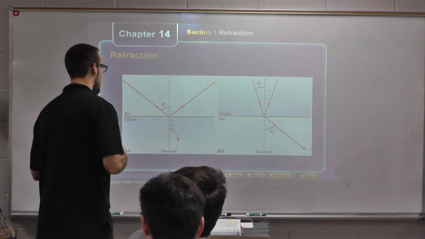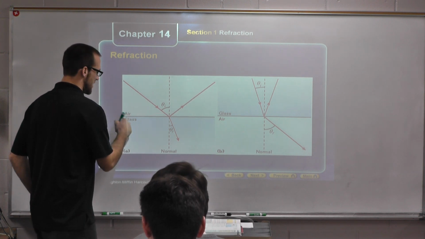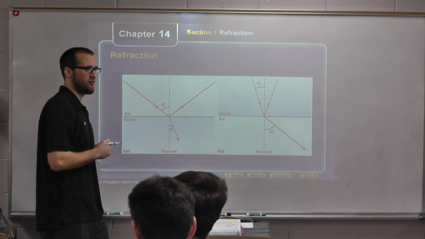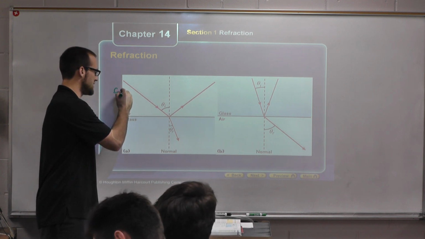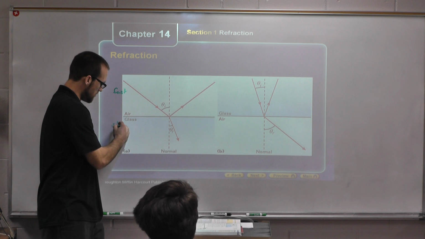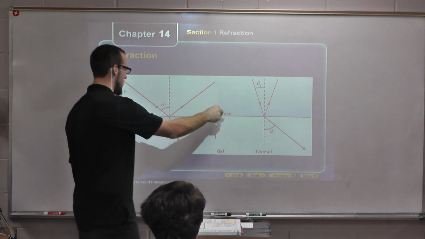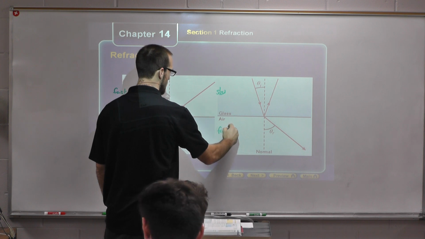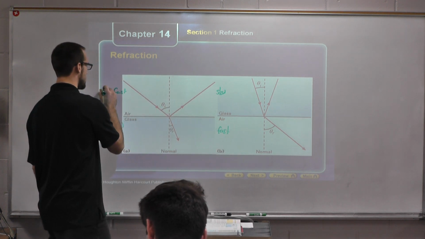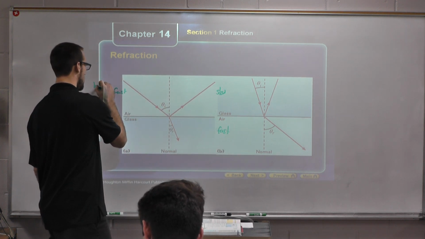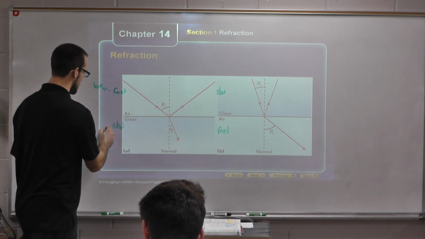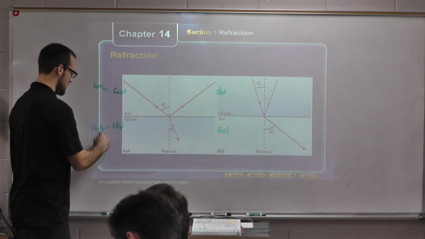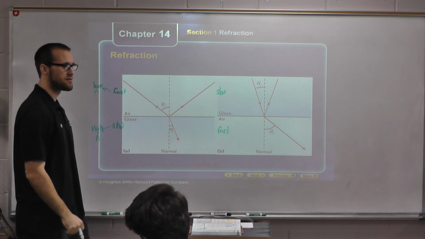Now, if you look, what we have is air, which we know is going to be traveling the fastest. So we go from fast to slow, and here is the opposite, you're going from slow to fast. Now remember, fast means low n, slow means higher n, and n is your index of refraction.